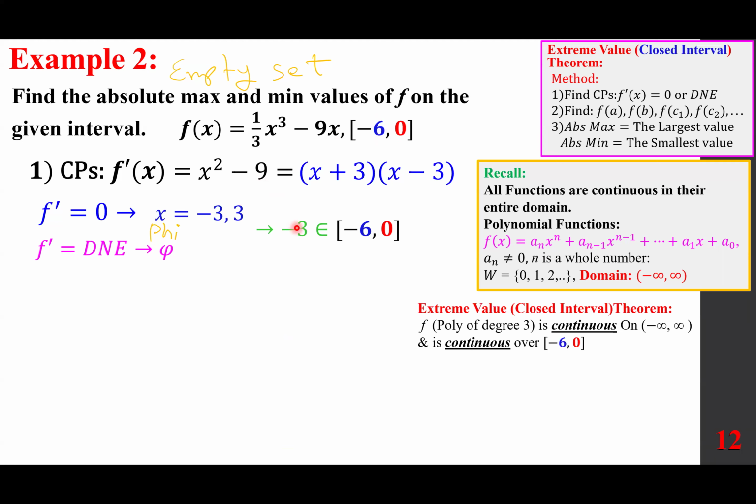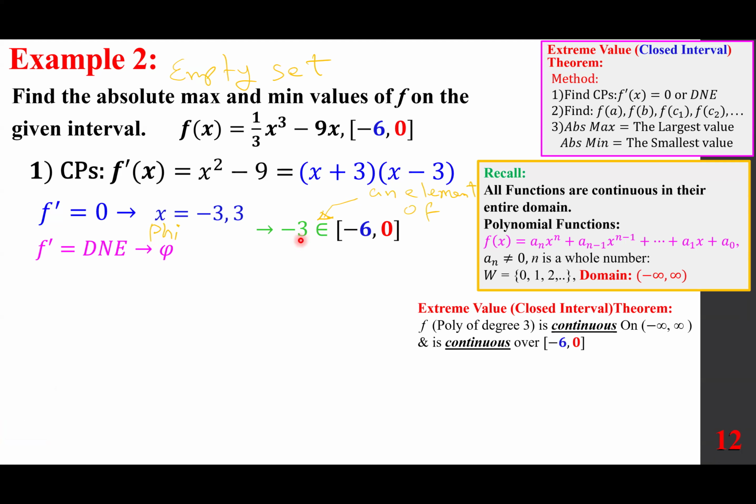Therefore, you just use -3 and you write -3 is an element of, with this notation which looks like an epsilon, again in set theory, meaning we can use -3.